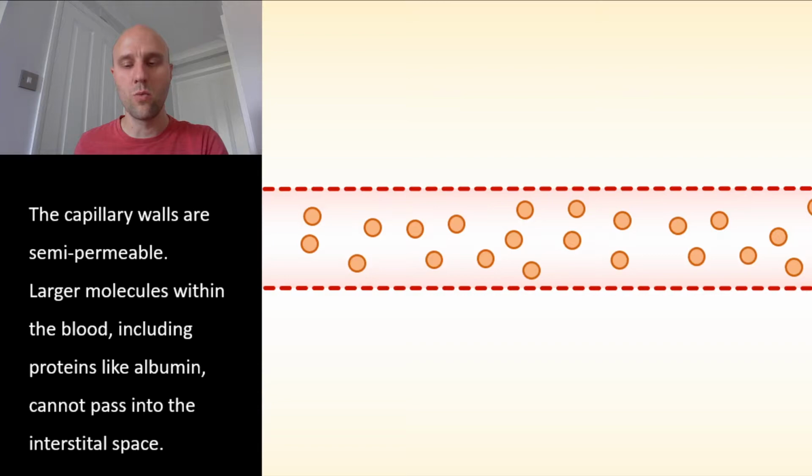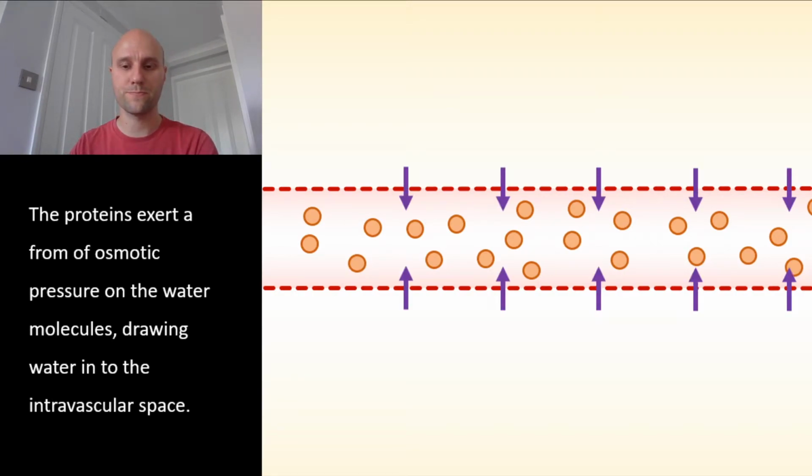Now, within the blood vessels and the capillaries, we have larger molecules, things like proteins and blood cells, that cannot pass through the gaps within the capillaries, and that's why we say that our capillary bed is semi-permeable, because it will let through smaller molecules, but not these bigger molecules. There's proteins and albumin and red blood cells, that sort of thing.